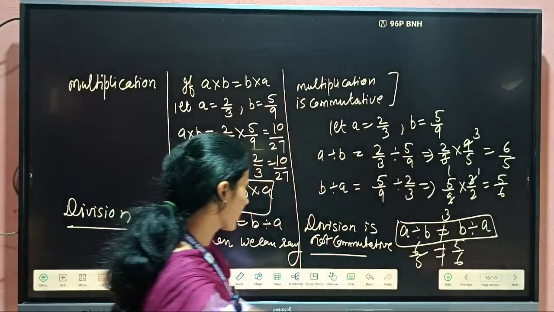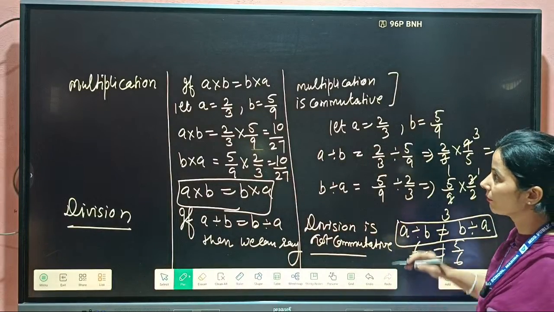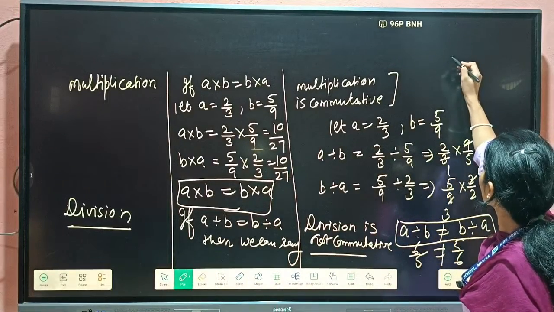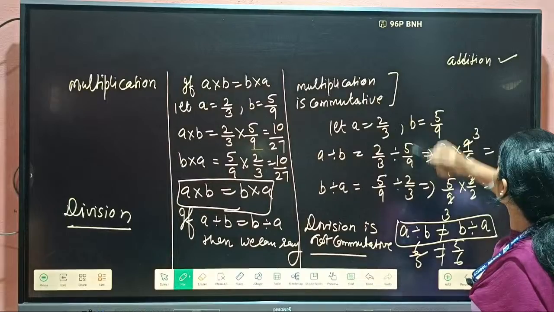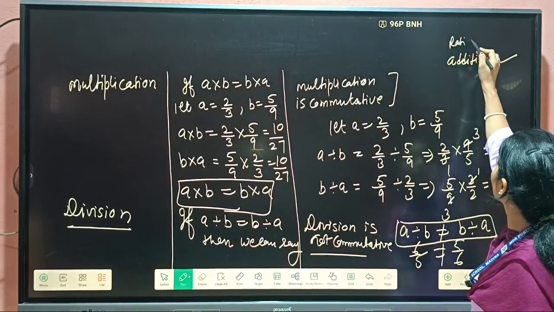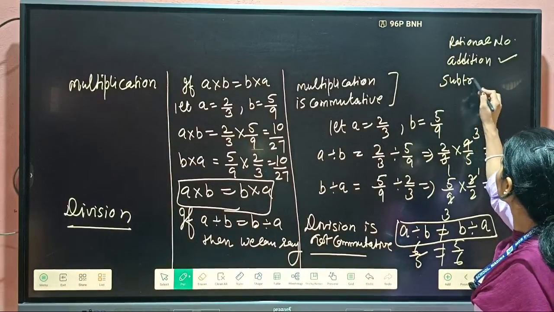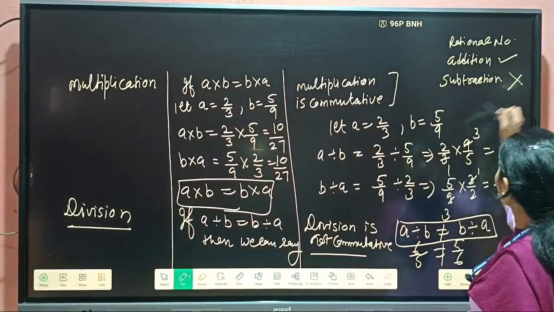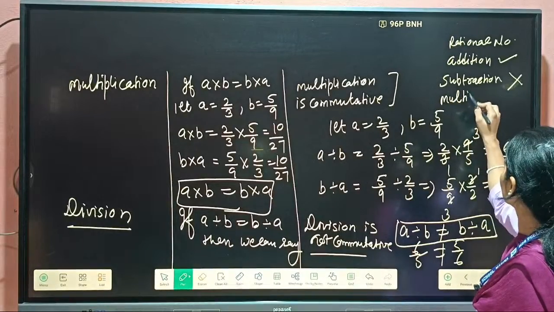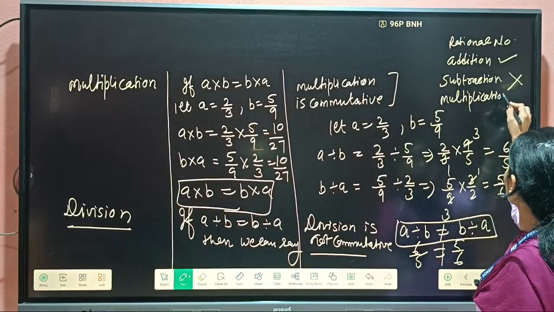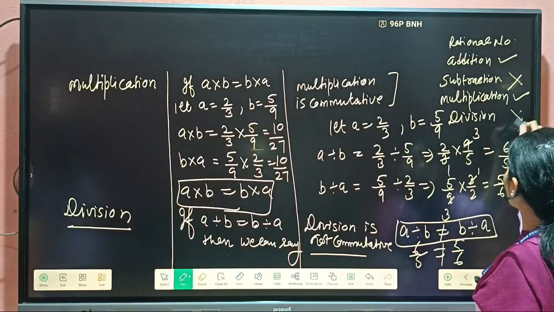In short, what can we say about commutativity property in case of rational numbers? Addition is commutative in case of rational numbers, subtraction is not commutative, multiplication is commutative, and division is not commutative.